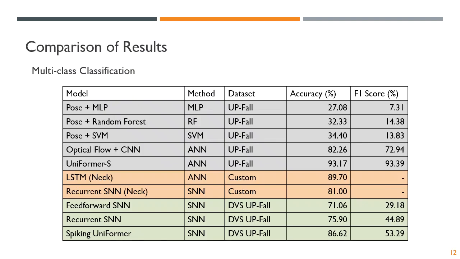The multi-class classification also shows similar results, with SNN performance being better than current SNNs, while not reaching the F1 score of state-of-the-art ANNs.